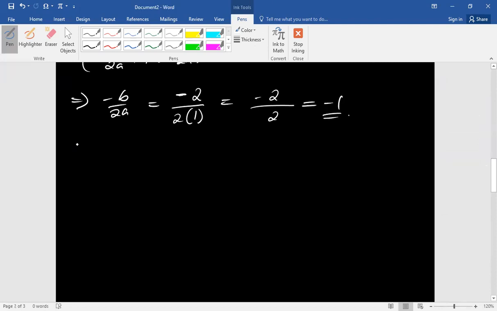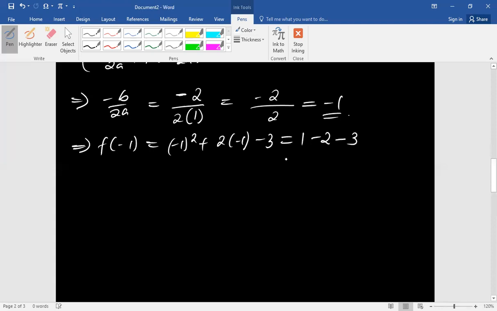And then we go and find f of negative 1, which is f of negative b over 2a. So it will be negative 1 squared plus 2 times negative 1 minus 3. Negative 1 squared is 1, and then 2 times negative 1 is negative 2, and then negative 3.